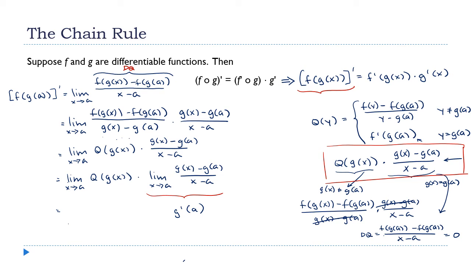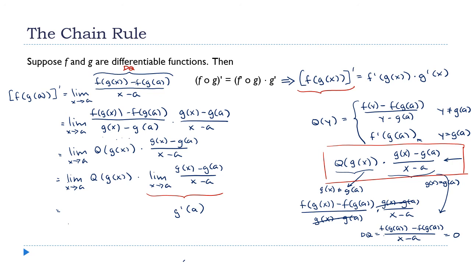Now, as for q of g of x, the left-hand limit, notice that q is defined wherever f is. And because f is differentiable at g of a, we assumed that, that means that q must be continuous at g of a, because differentiability implies continuity.